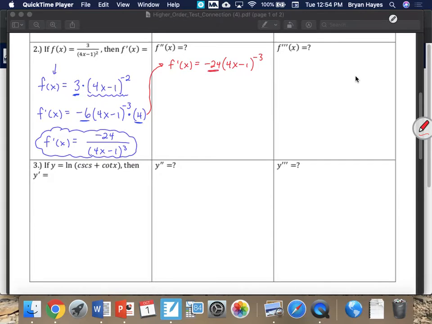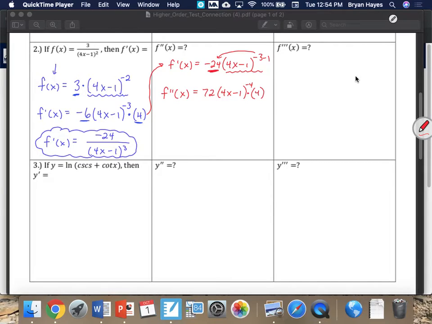We've got this constant times a function that requires the power chain. So the second derivative is going to be, all right, so I'm going to pull that negative 3 down and multiply it there and then take 1 back from it. So you're looking at negative 3 times negative 24, I believe that's 72, times 4x minus 1 to the negative 4 power, and we'll times that as well by 4, the derivative of the inside.